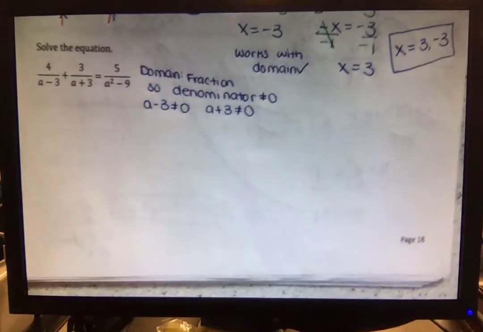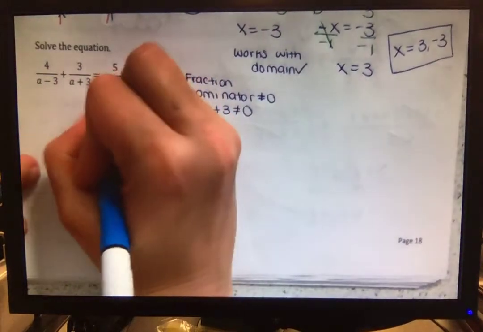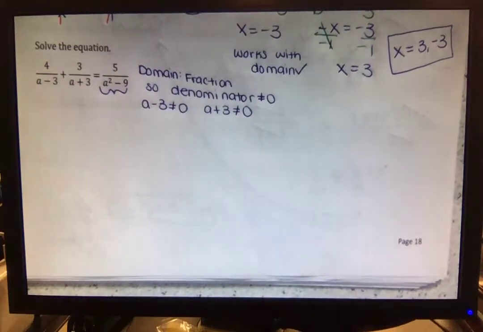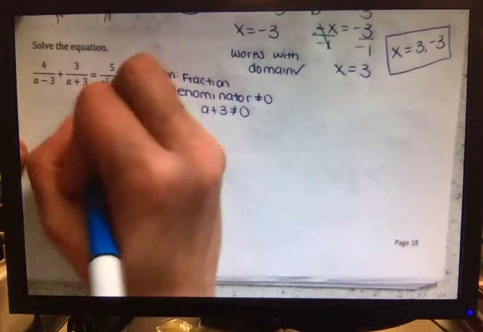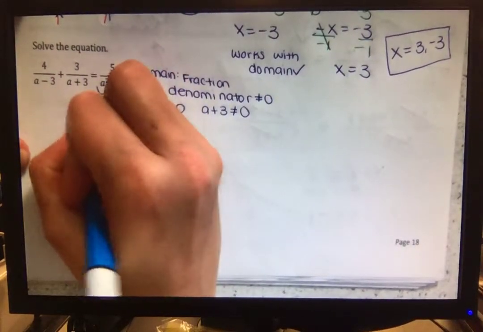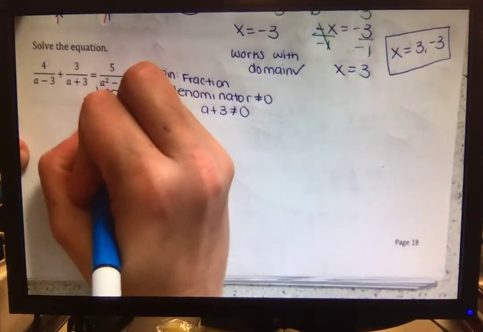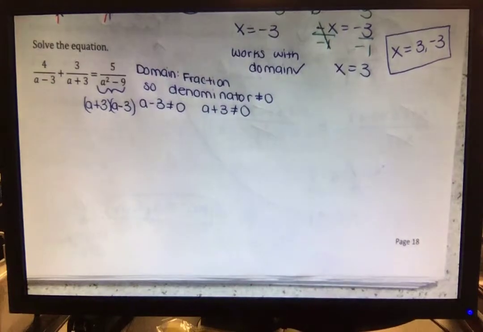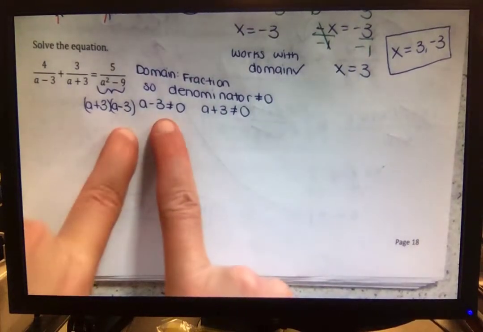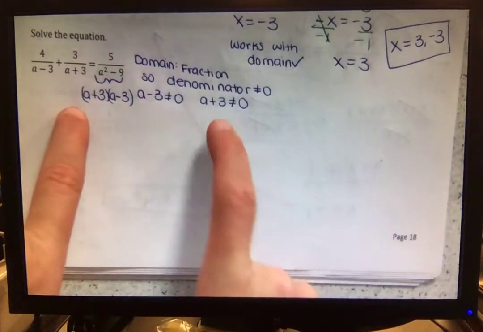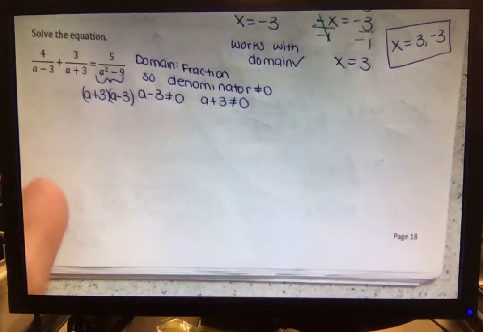Then we have a squared minus 9, a difference of two squares. a squared is a times a, one's positive, one's negative, 9 is 3 times 3. A minus 3 is already here, so I don't have to write it twice. A plus 3 is already here, so I don't have to write it twice, so that's good to go.